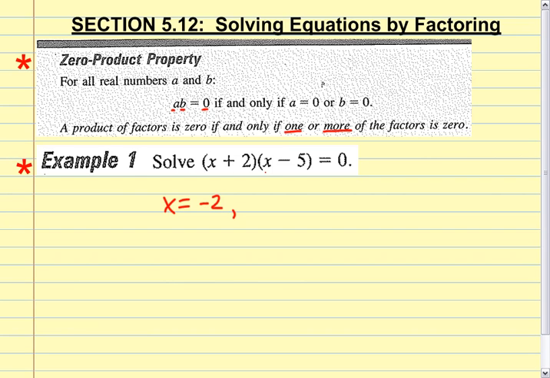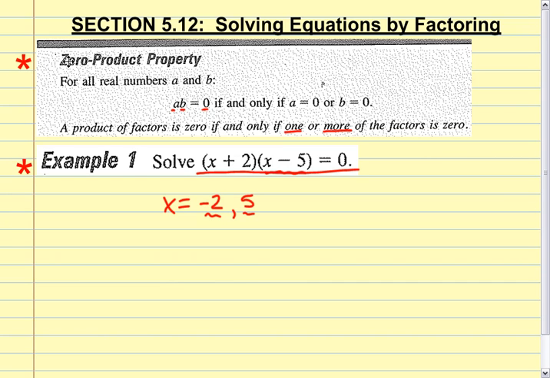Also, if x equaled what would make the second binomial equal 0? Cameron? 5. So if x equals -2 or 5, this whole thing is true. If it equals anything else, then it's not true. These are the solutions to this quadratic.